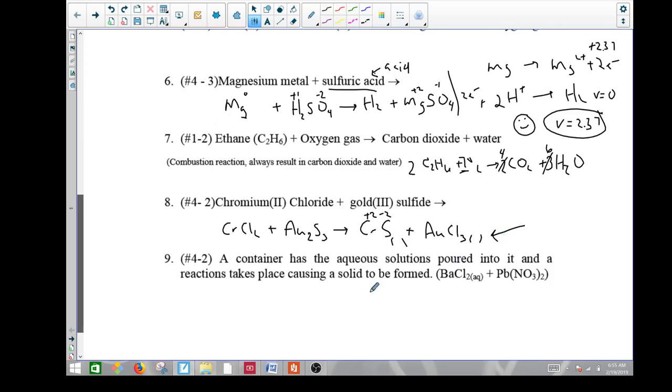Next one: a container has an aqueous solution poured into it, and a reaction takes place causing a solid to be formed. Alright, we're dumping these two things together, it looks like. So it wants me to draw it out, I guess. So it's going to be barium chloride plus lead nitrate.